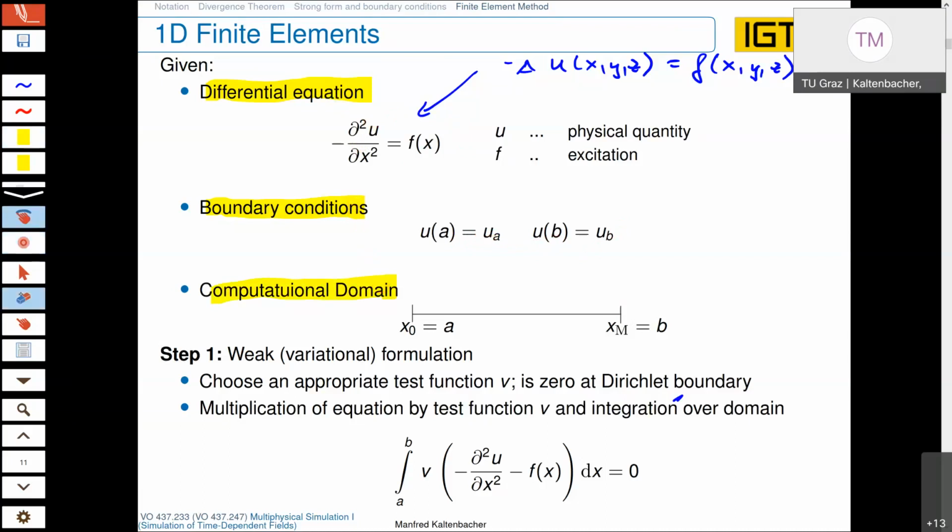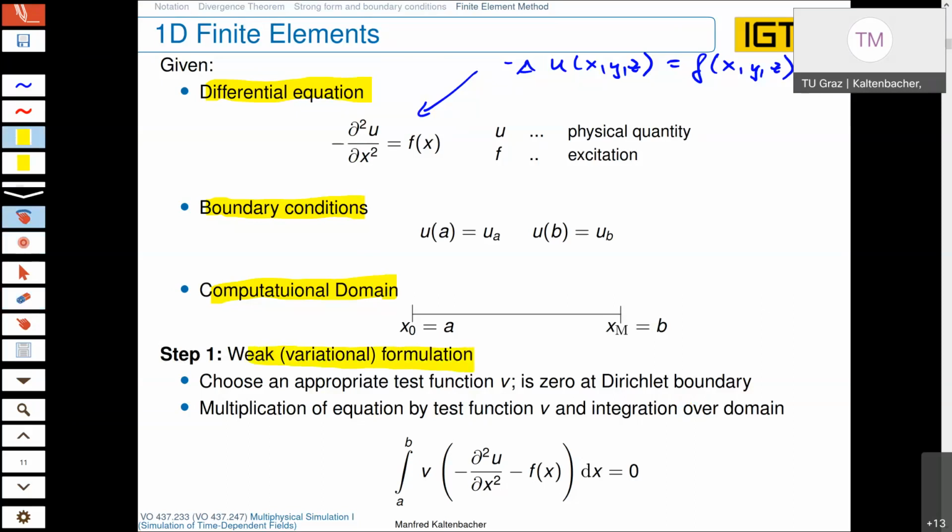As I already discussed last time, the main point for the finite element method is that we first go over to a so-called weak, sometimes also called variational formulation.